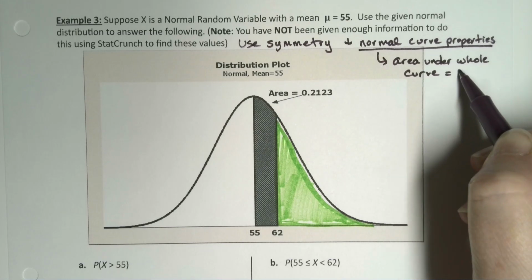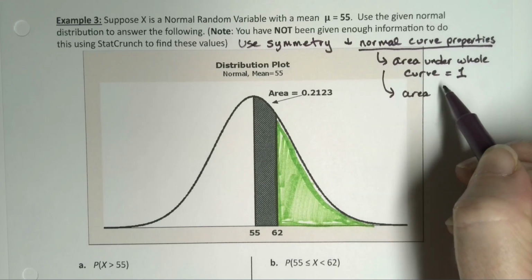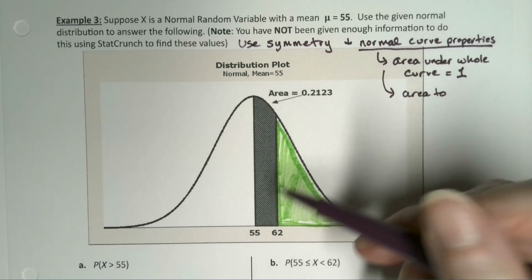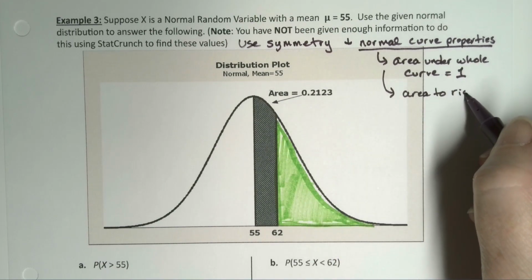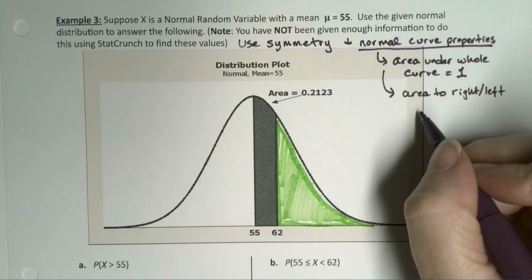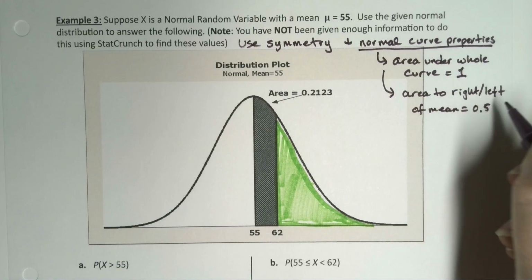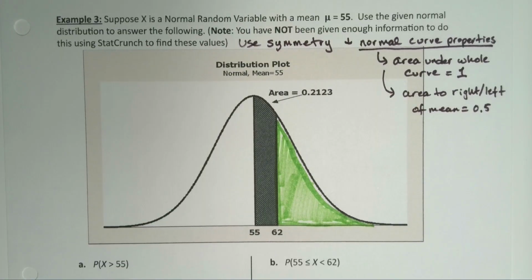is 1. But then I know that the area to the right or left of the central line of the mean is a half, is 0.5. We learned that with our properties of the normal curve.